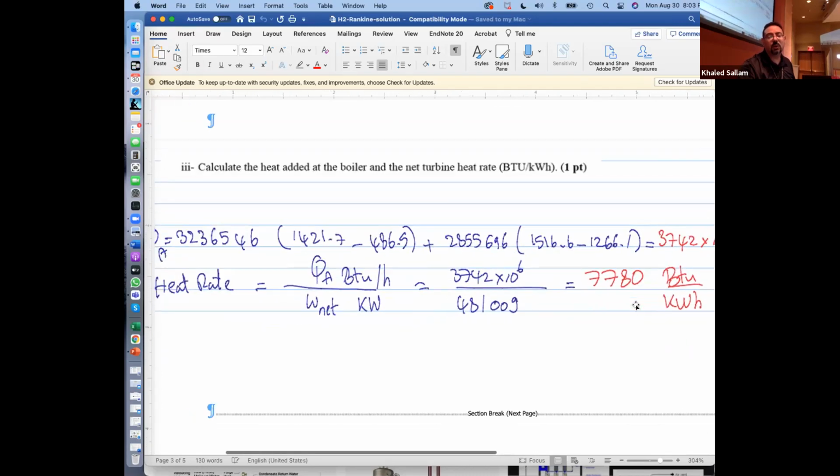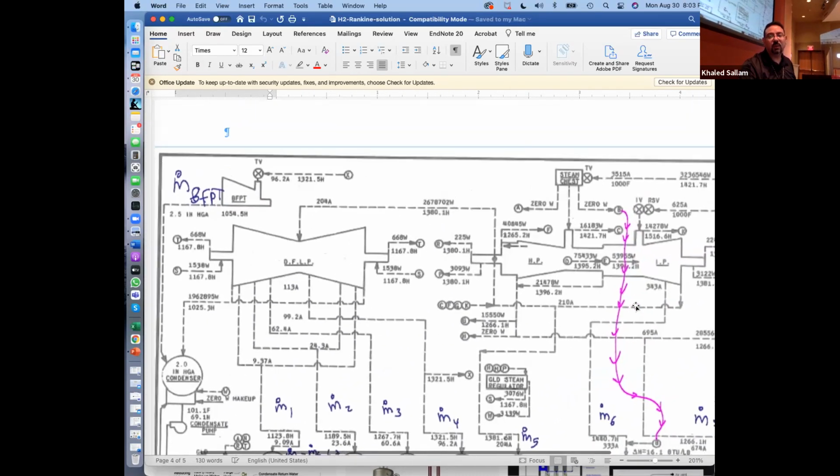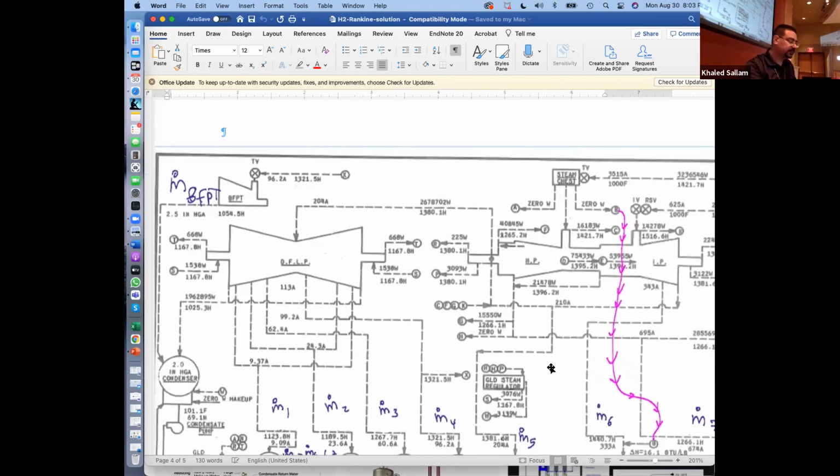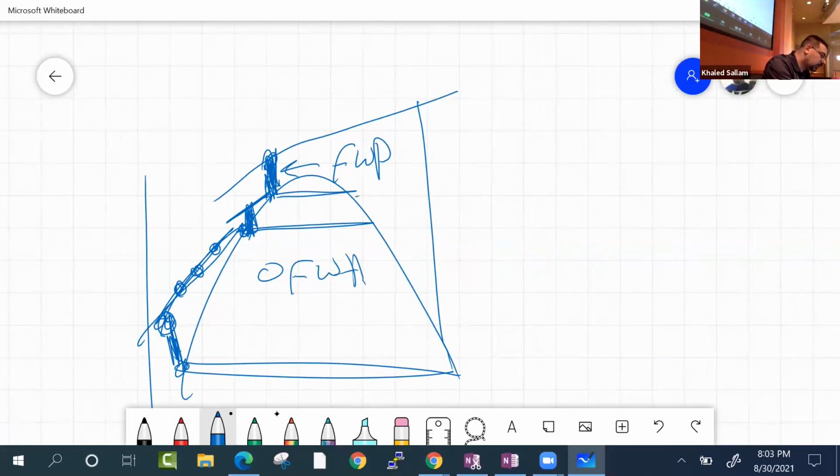The question is the work net. And if I want to calculate the work net for something like this, I mean something like this where you have continuous extraction, right? I mean you are extracting for all those M dots, right?